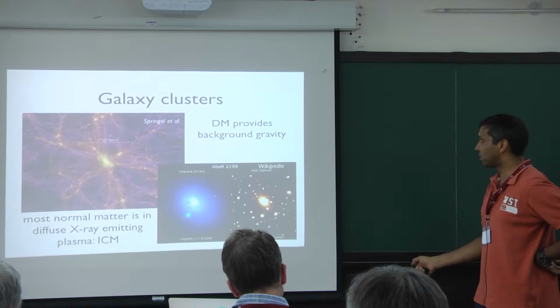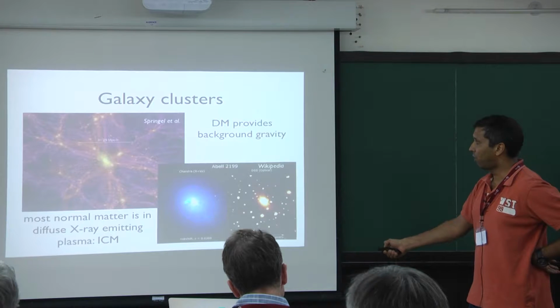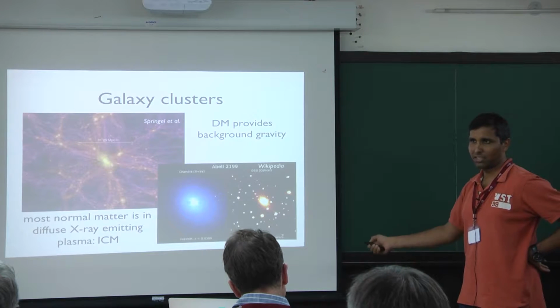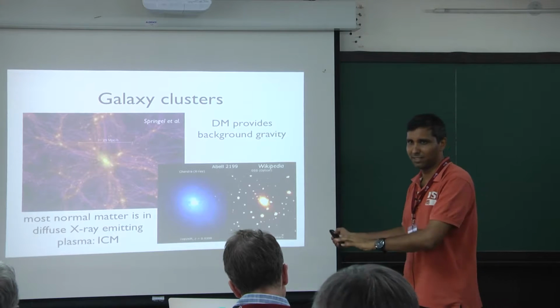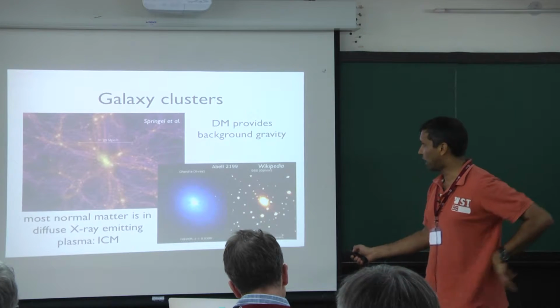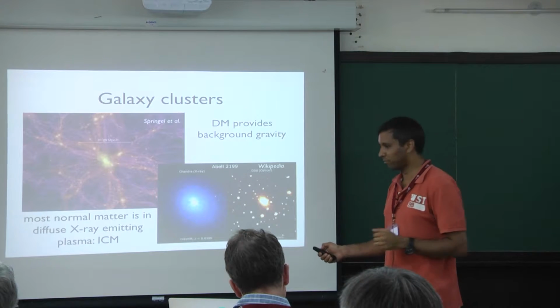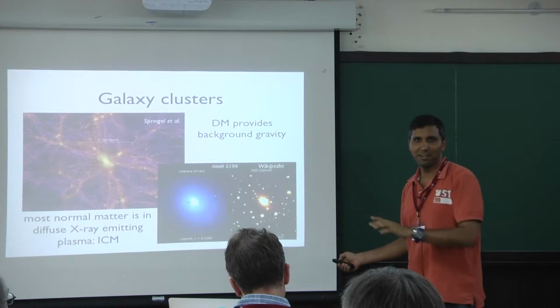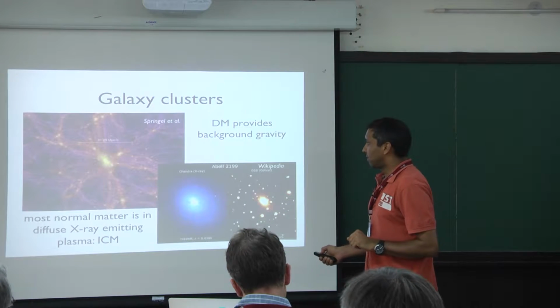So what I'll be concentrating on is the dynamics and thermodynamics of this hot plasma, which is confined by dark matter. So we won't really be talking about dark matter after this. This is just to set the stage. I'm also going to be talking about the equations that you are all fond of, but I just wanted to give a background. Dark matter just provides background gravity.